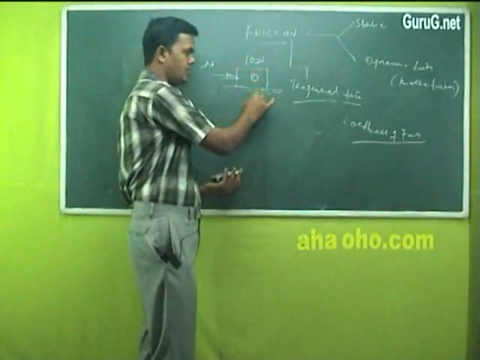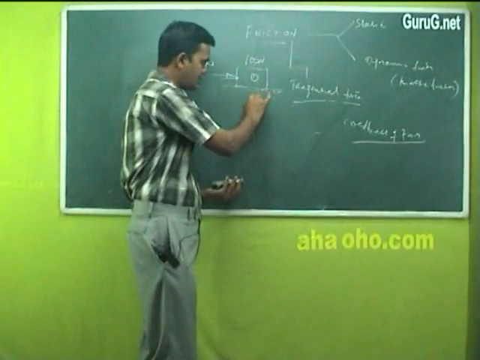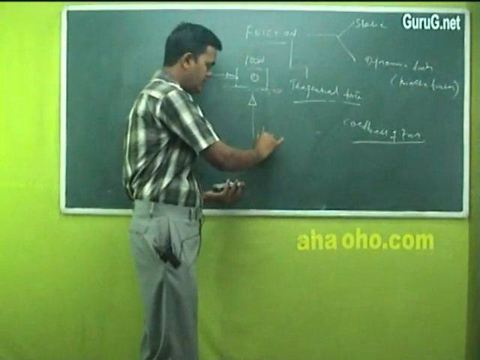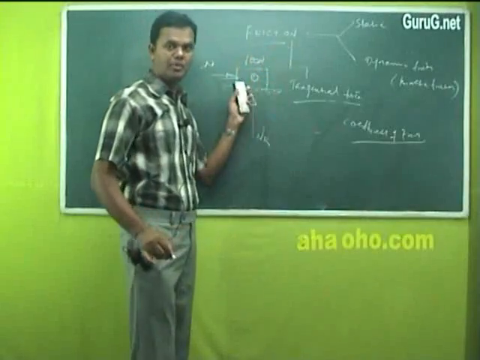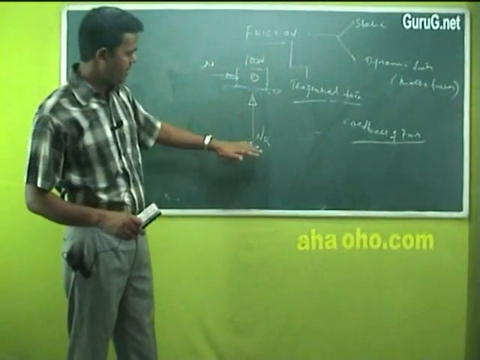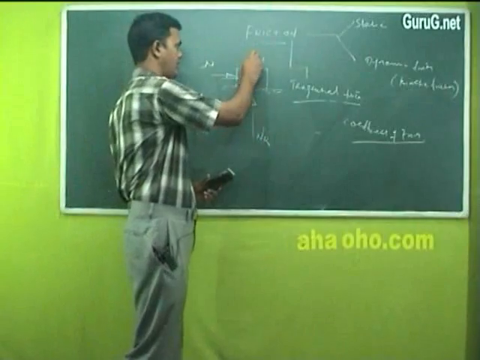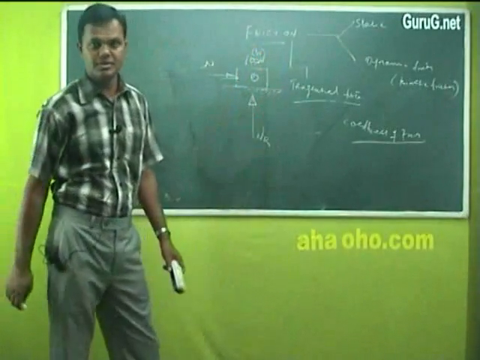So for this body to rest, I always need a normal reaction, which is exactly perpendicular to the plane of the body. I mean to say, this normal reaction is equal to the weight of the body. Say the weight is 100 Newtons.